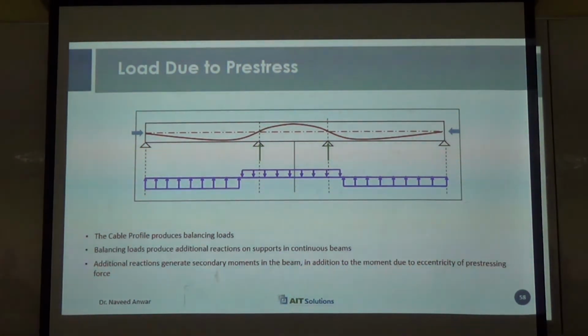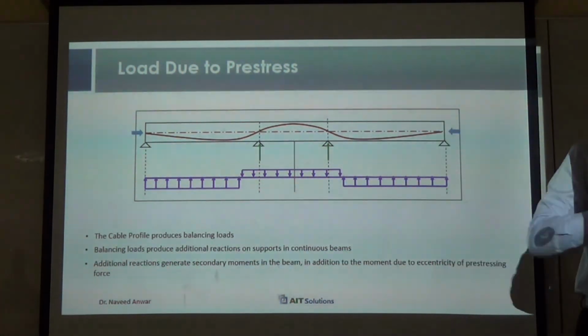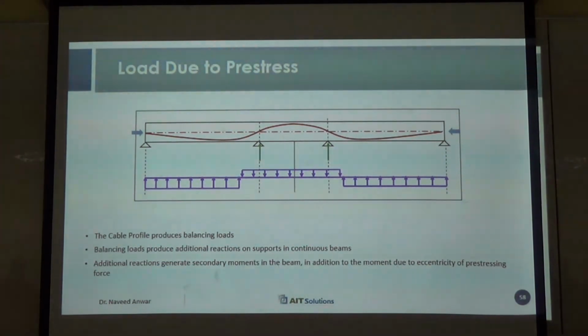So bridge pre-stressing is a complicated process done in stages, many cables, many locations, and so you must create hundreds of load cases. Each cable must be a separate load case. So you can add each cable at different stages and add that load, and then combine it with the other loads.